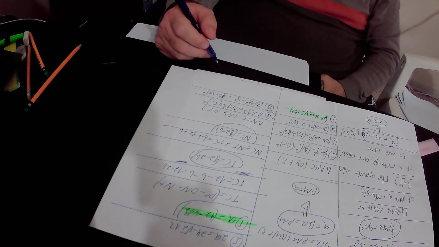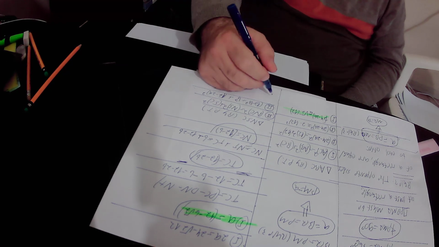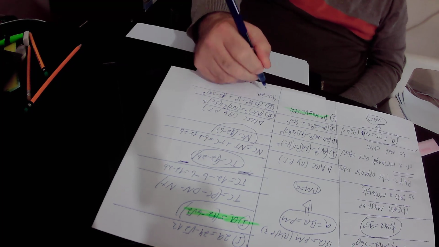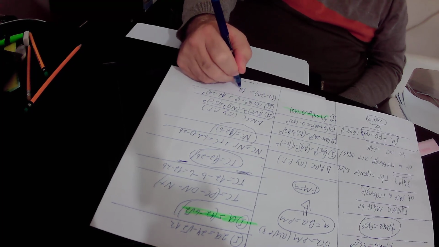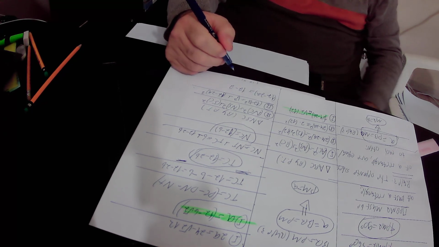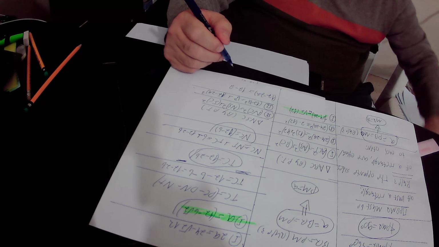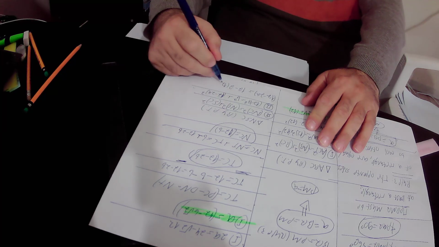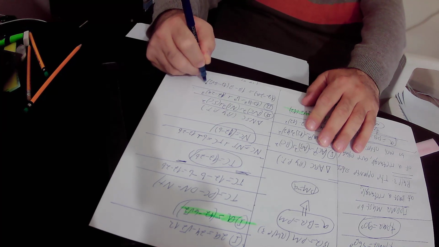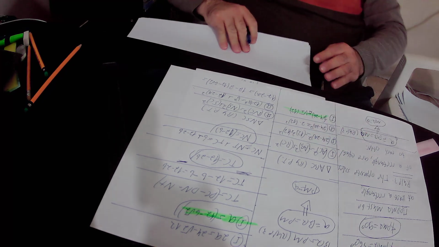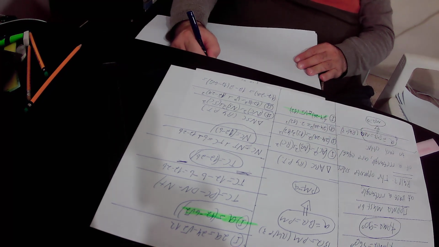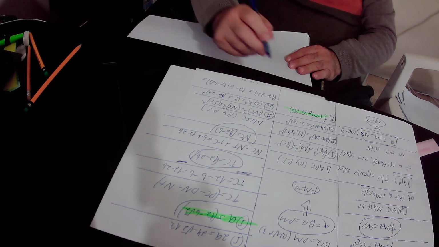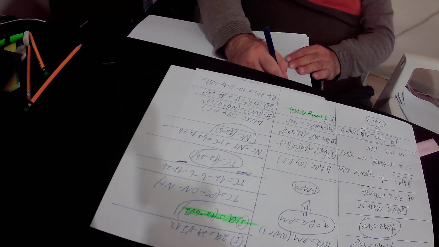So here we'll find out the value of the expression 12 minus 2A. What is the value of 12 minus 2A? It will be equal to 12 minus 2 times A, and A equals 12 minus 6 times square root of 2. So here it will be equal to 12 minus 2 times 12, which is minus 24.